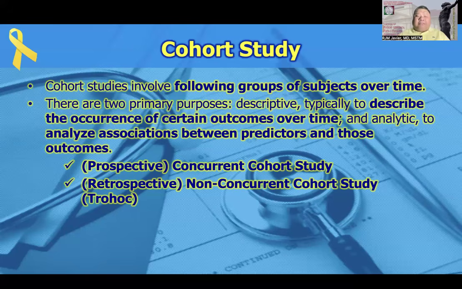But older textbooks would call these your retrospective study designs. If you get the palindrome of cohort, or you twist the word, it now spells out as Trohoc. In other textbooks, your non-concurrent cohort is also referred to as your Trohoc study. It's a palindrome of the word cohort.